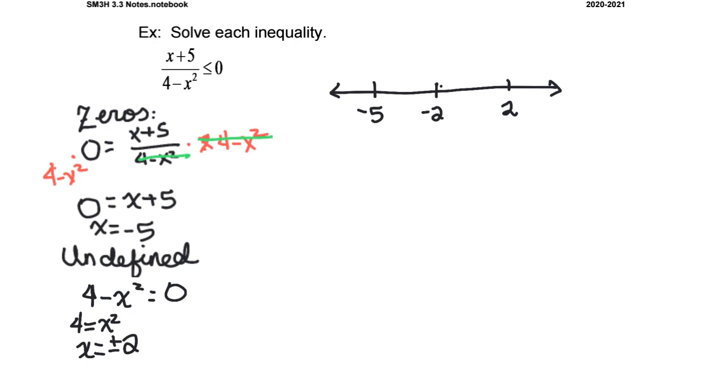Now, because this is where a function is undefined, it does not matter if the inequality was less than or equal to, or just less than. Undefined values means that that function is undefined there. Whereas zeros, it can include 0 if it's saying equal to. So this one is less than or equal to, so I can include the 0.